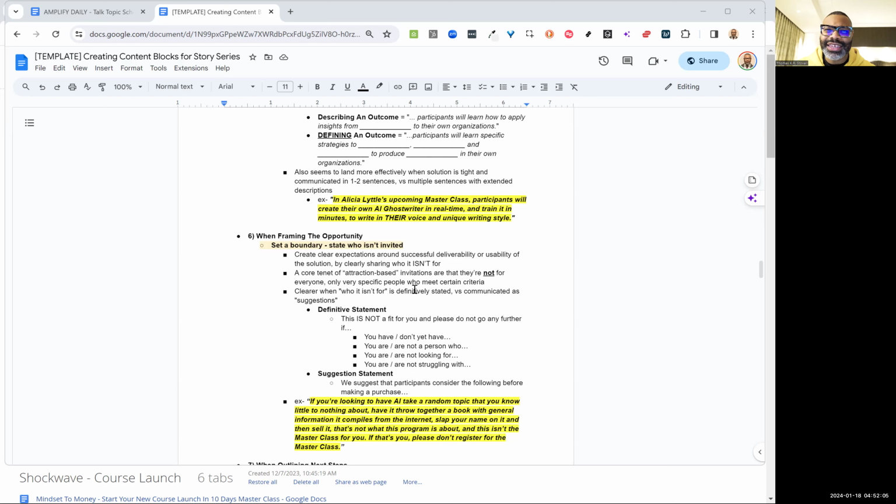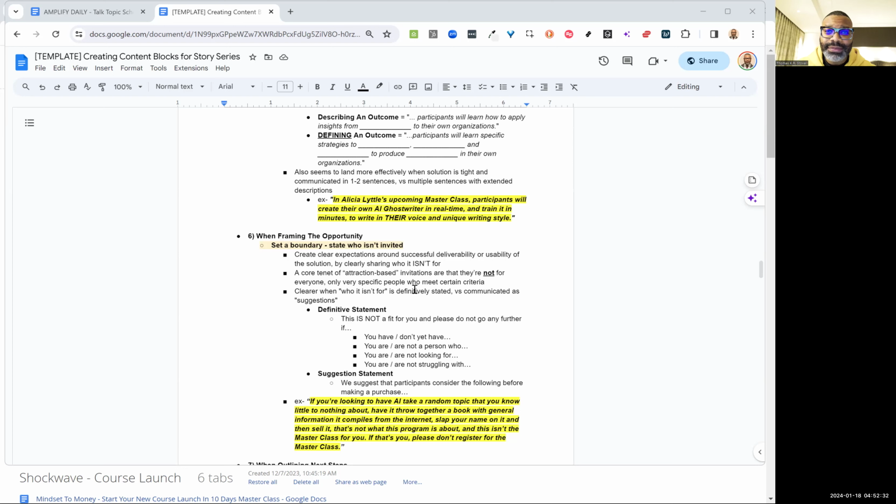People are instantly attracted and interested when it's not just an open swinging door for any and everybody to walk in. So it's got to be for a very specific group of people who meet a certain criteria. This is clear when who it isn't for is definitively stated, okay, versus communicated as suggestions.